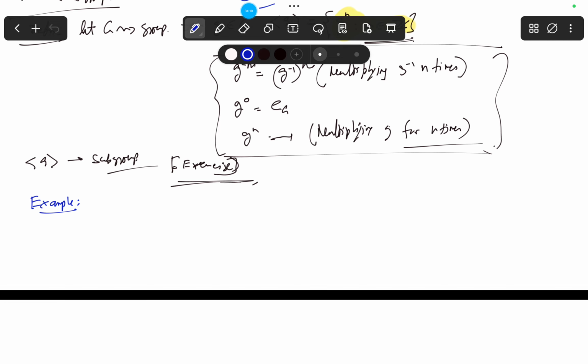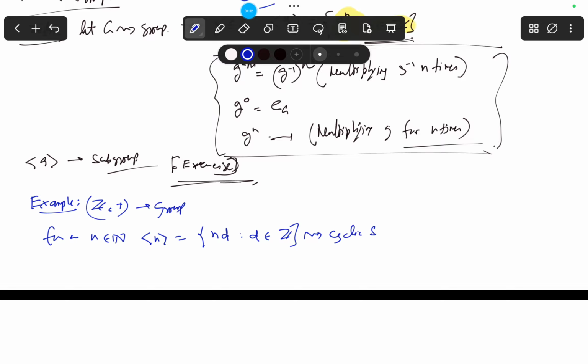So maybe you can just write that Z plus is a group, and in fact for any n belongs to natural number, the subgroup generated by n, which is basically n times d, such that d belongs to Z. This is a cyclic subgroup generated by n.